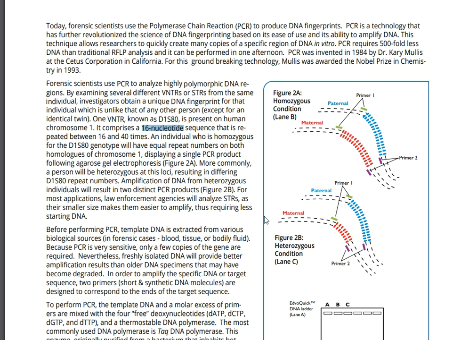If you are heterozygous, you will have different D1S80 repeat numbers, and you will have more than one band that shows up because of this. In particular, you'll get 2 PCR products that can show up on the electrophoresis gel.